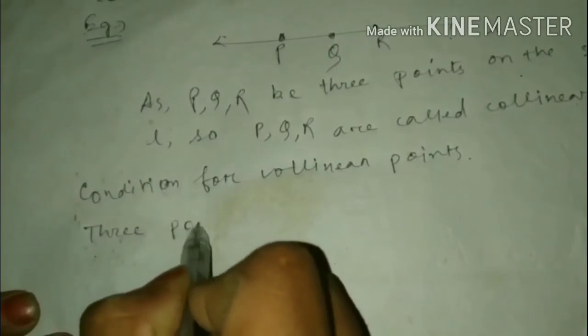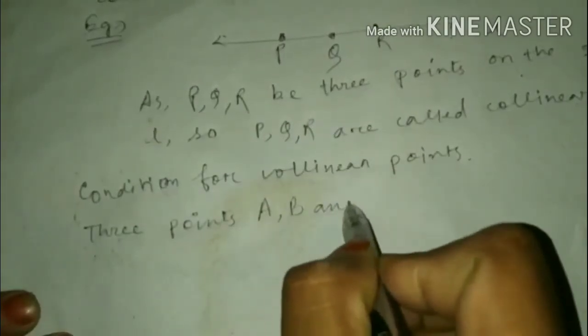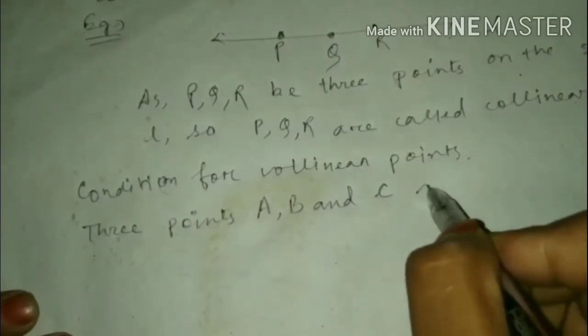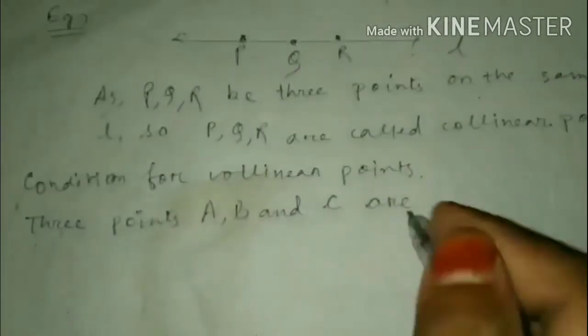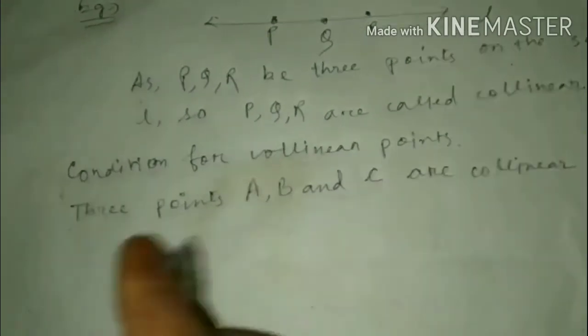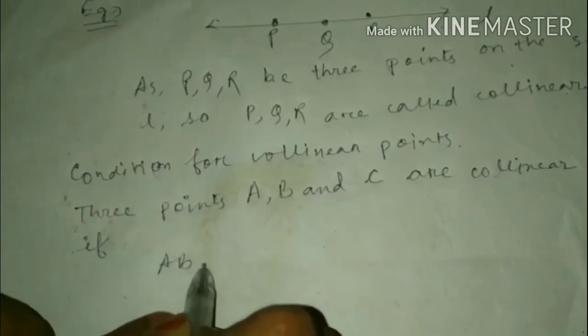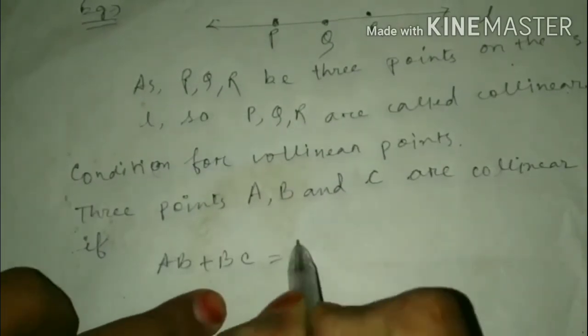The 3 points A, B, and C are collinear if AB plus BC equals AC.